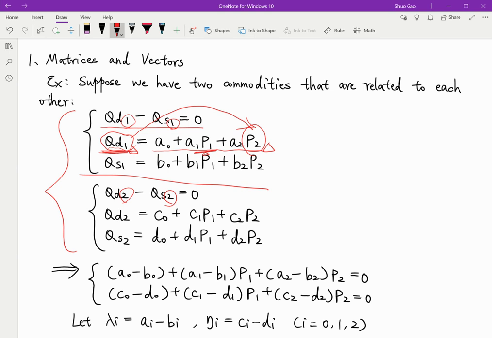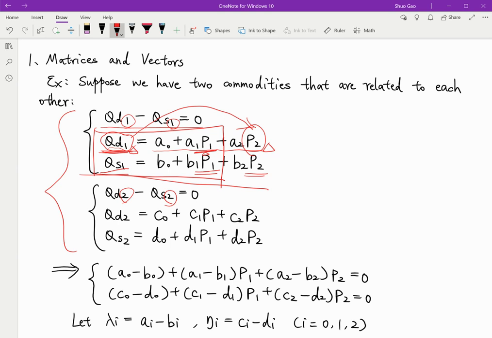And also, the supply quantity of the first commodity is also related to both prices, P1 and P2. Last time we only talked about the situation without the second commodity. But here, the problem becomes more complicated because it is a whole system. The two commodities are interrelated to each other.